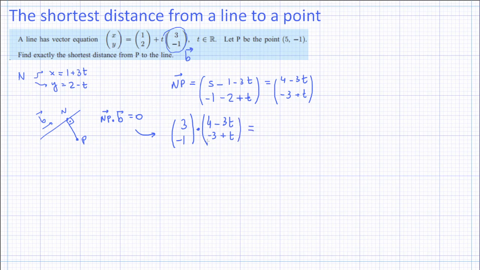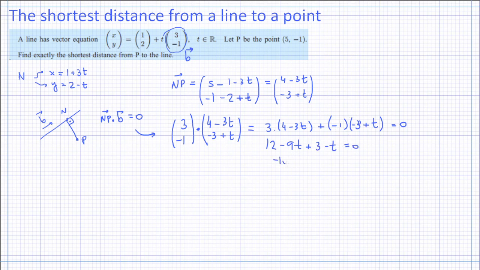So 3 times (4 minus 3t) plus negative 1 times (negative 3 plus t). And this should be 0 since they are perpendicular. Now it's a very simple equation. 3 times 4, 12. 3 times negative 3, negative 9. Negative 1 times negative 3 is positive 3. And negative 1 times positive t is negative t. And that's equal to 0.